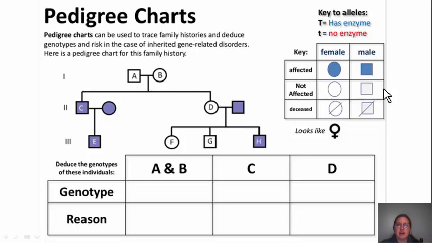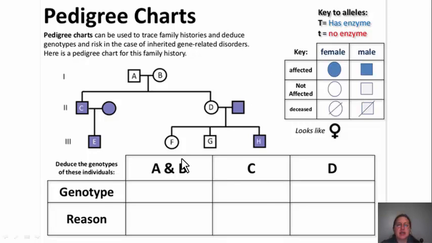All right, so let's try and deduce the genotypes for A and B. Well, you see that they're not affected, but do we know if they're heterozygous or homozygous dominant? Well, they both had 2 children. So A and B had children C and D as previously established. Well, child C is affected with no enzyme, which is the key here.